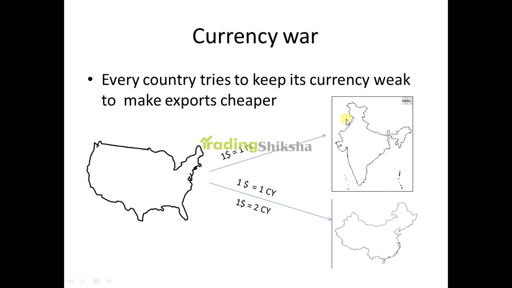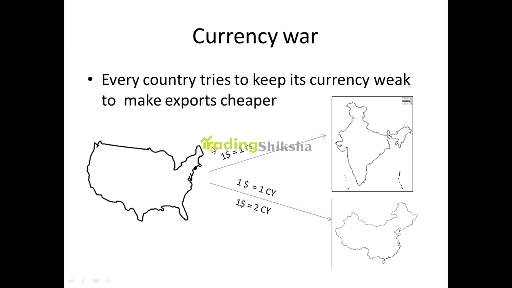If they are buying goods from India, they need to pay in rupees. Basically, the company exporting the goods will ultimately convert the money received from the US into rupees.